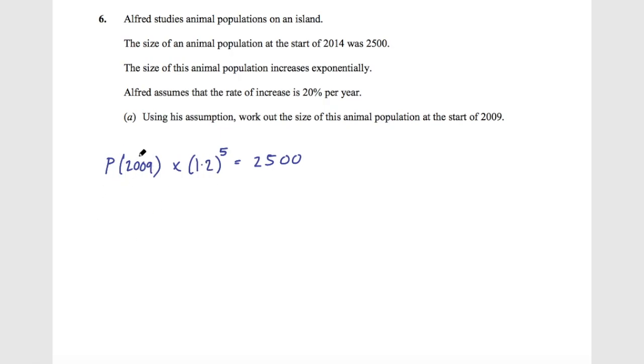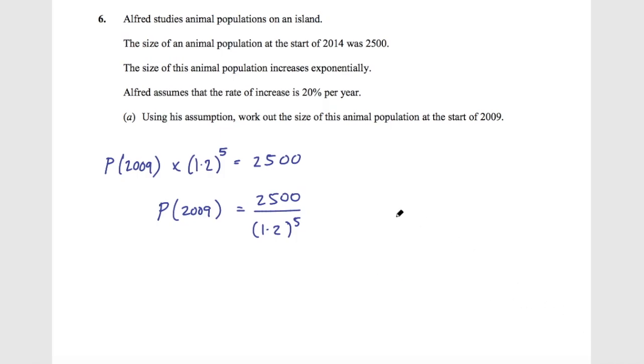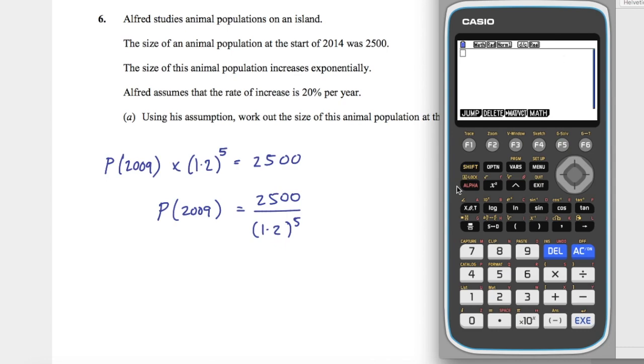So if we want to work out the population in 2009, we can divide 2,500 by this number, 1.2 to the power of 5. And now I'll get out my fancy calculator app that I've downloaded for these videos. And I'll do 2,500 divided by, and I might just use some brackets just to be safe, 1.2 to the power of 5, and brackets.